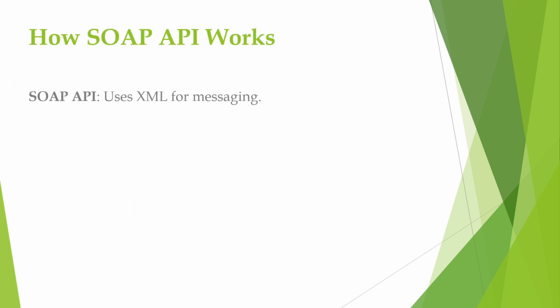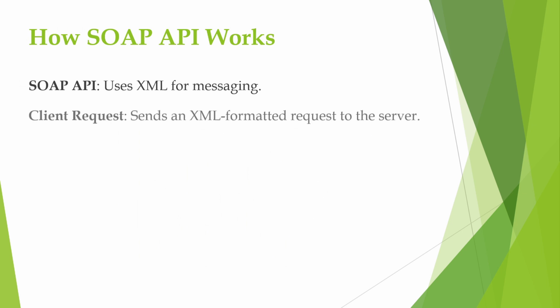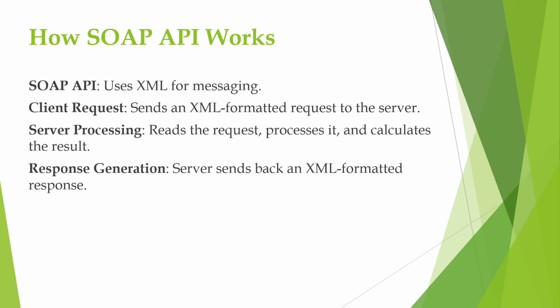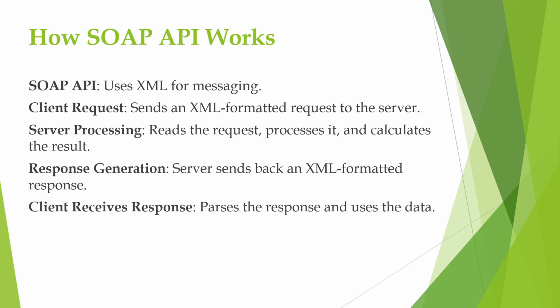Now let us see how this SOAP API works. The client application, which could be any web browser, mobile app or any other server, sends a SOAP request to the server. The request is processed as an XML document which contains the action that needs to be performed and any necessary parameters.